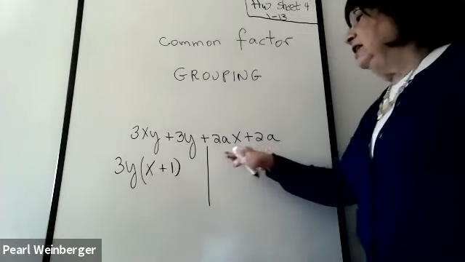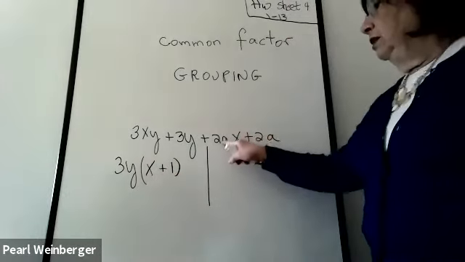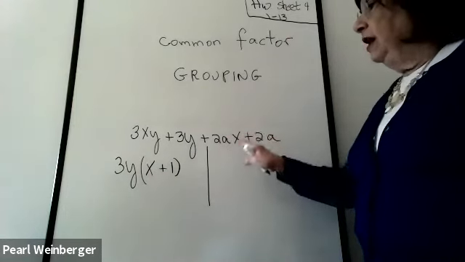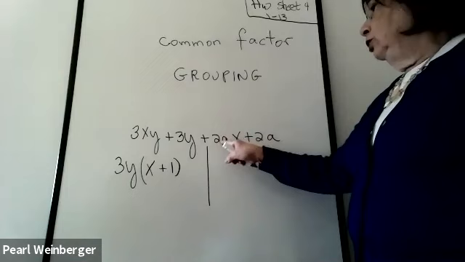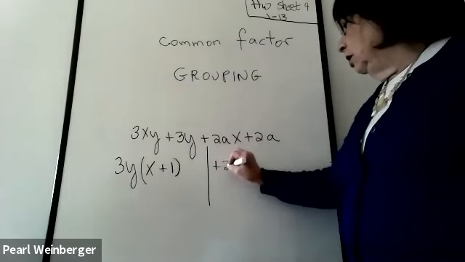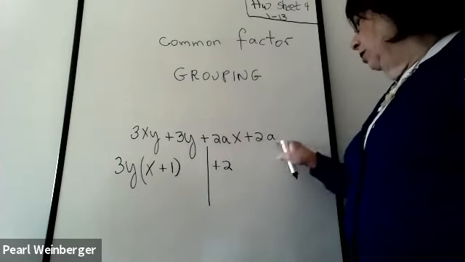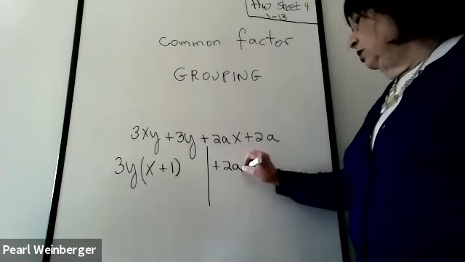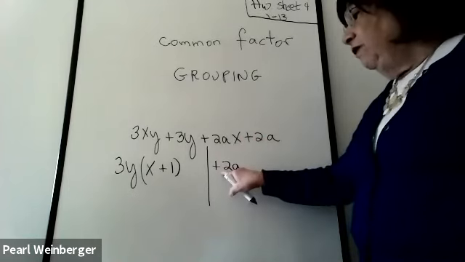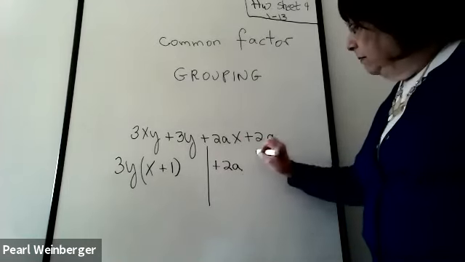I then go to my second group. There's a 2ax and a 2a, and I try to factor that out. I have a 2 in both of them, so that's a common factor, and there's an a in both of them, that's a common factor. But there's an x here, but no x here. So my common factor is 2a.